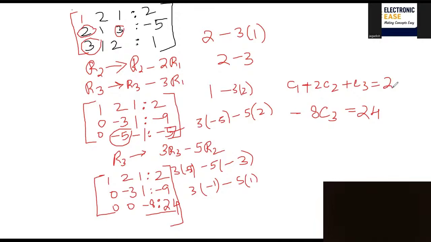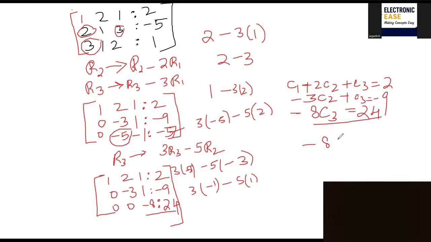What is the second equation, students? The second equation is minus 3C2 plus C3 is equal to minus 9.